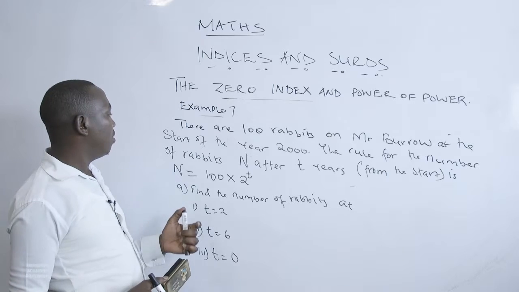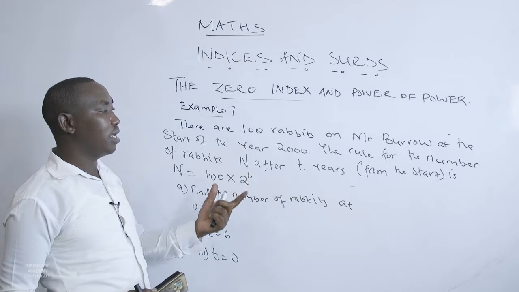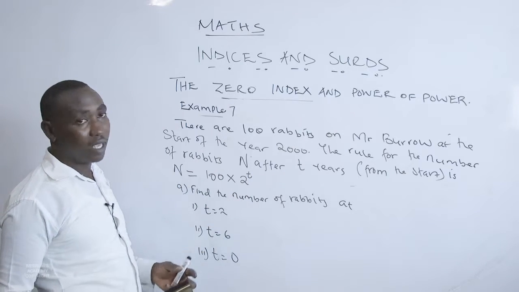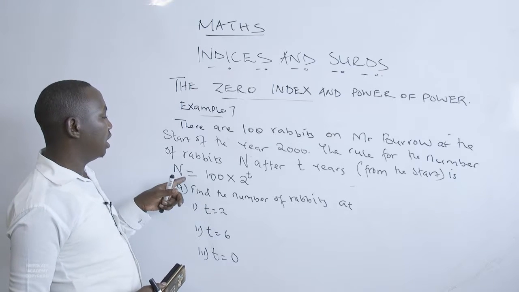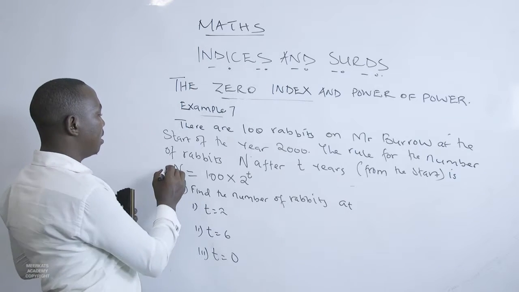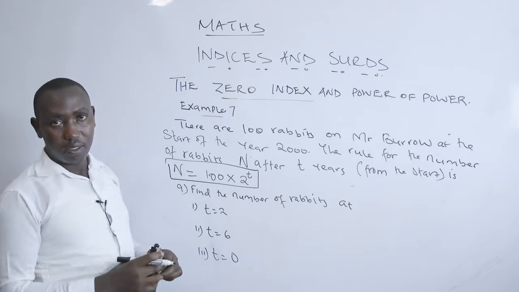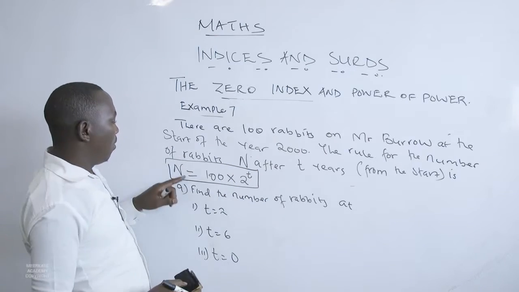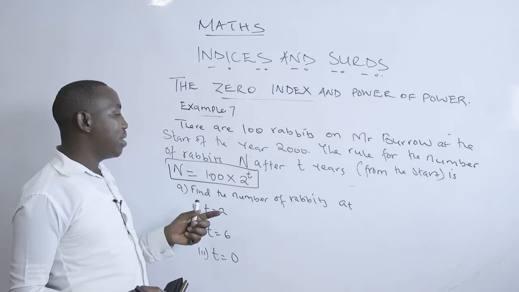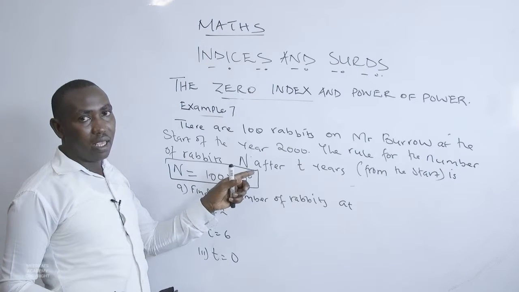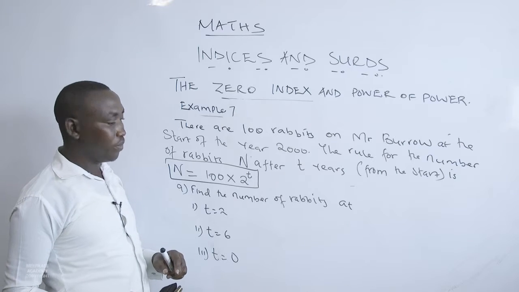We have a rule of the increase of the rabbits over the given number of years t, which states that n is equal to 100 multiplied by 2 raised to t, where n is the number of rabbits at a given time period t.